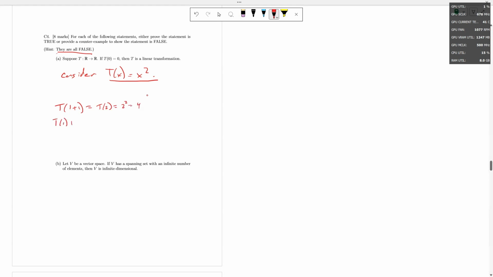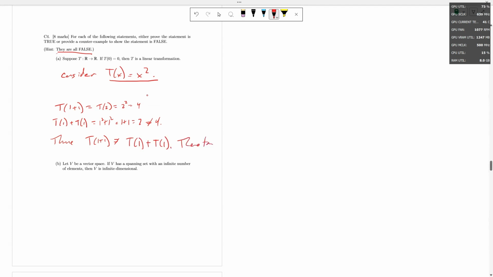T of 1 plus T of 1 equals 1 squared plus 1 squared equals 1 plus 1 equals 2, which does not equal 4. Thus, T of 1 plus 1 does not equal T of 1 plus T of 1.